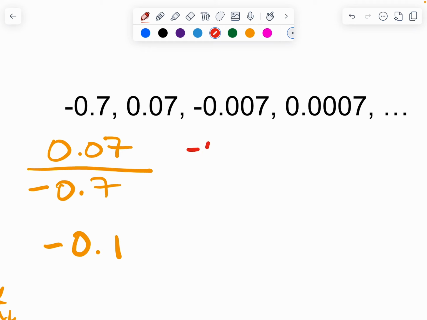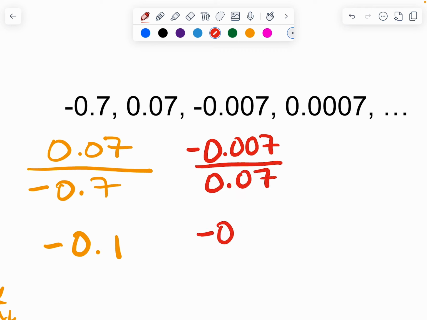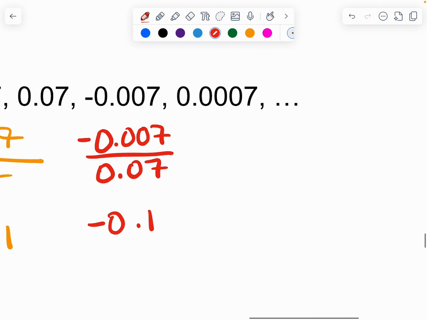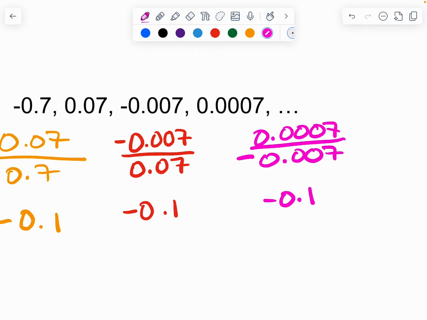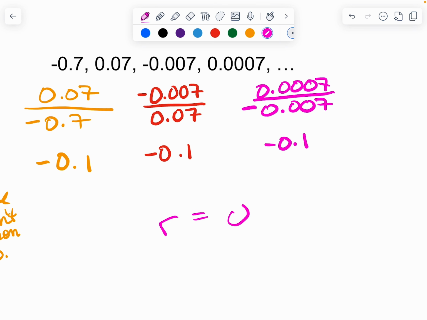And then I take negative 0.007 and 0.07, and I'm going to get negative 0.1. And then last but not least, 0.123 over 1, 2, and this one's negative 0.1. So my common ratio is negative 0.1. And that's how you figure out if you have a geometric sequence.